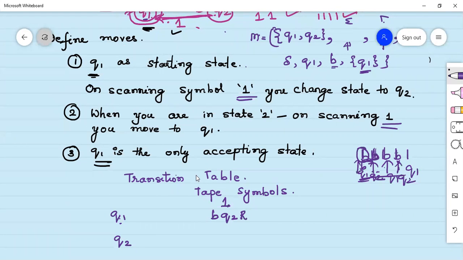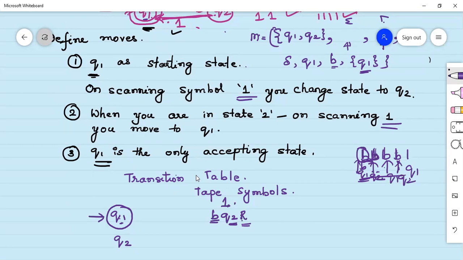Is this the only way? No, it's not the only way. This is one of the ways mentioned in your textbook. With the confidence you gain after designing 3 or 4 Turing machines, you can write these in different ways as well. As of now, if you are in state Q1, which is both the initial state and the final state, and you get input symbol 1, then replace it by a blank, change the state to Q2 and move right.